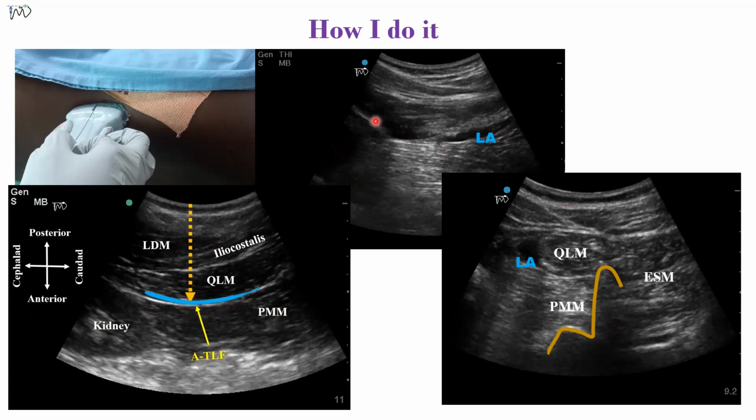Here you can see the nice distribution of local anesthetic, and if you scan after performing the block in shamrock approach, you can see the local anesthetic has been distributed around the quadratus lumborum muscle.